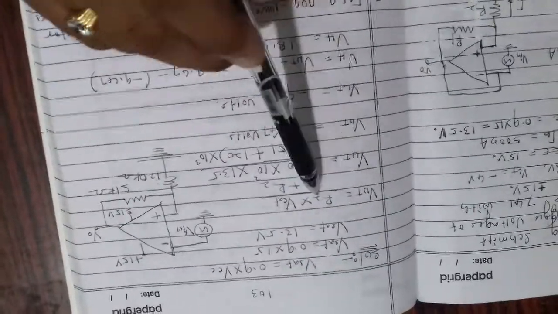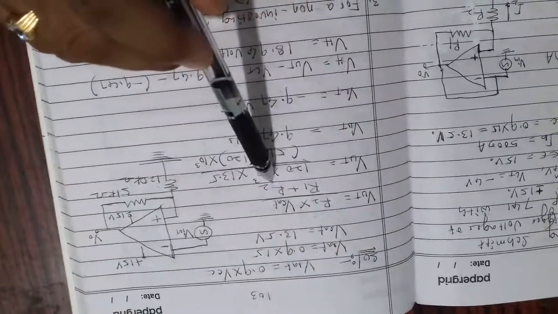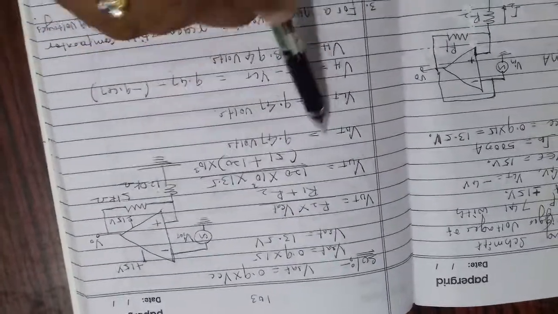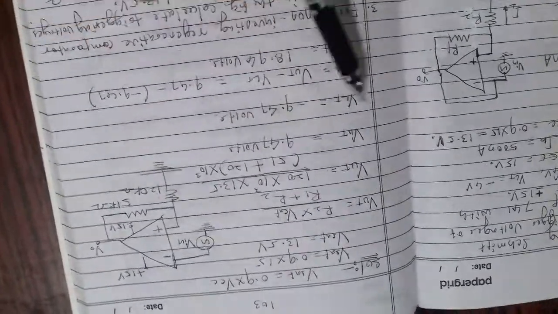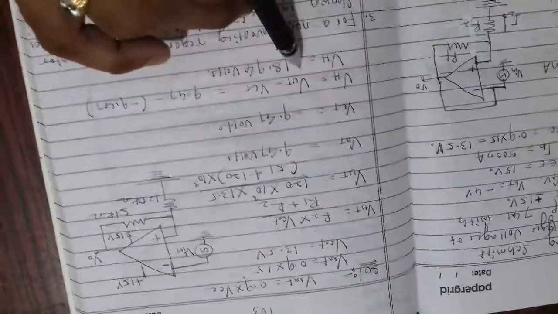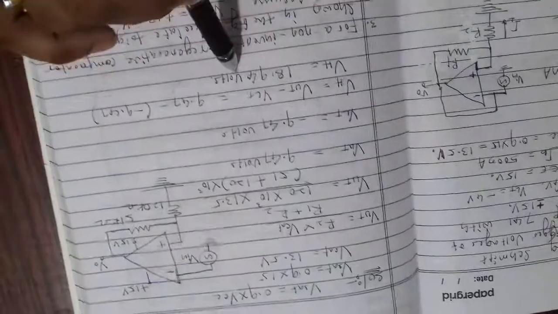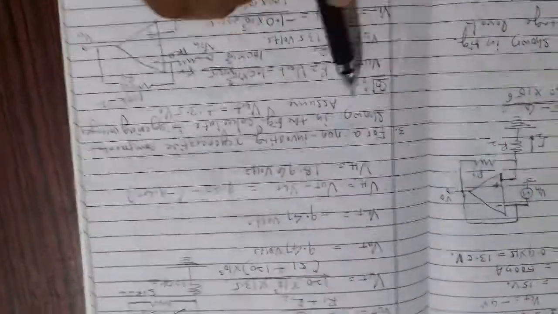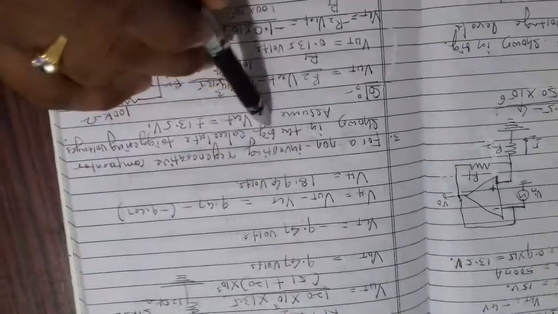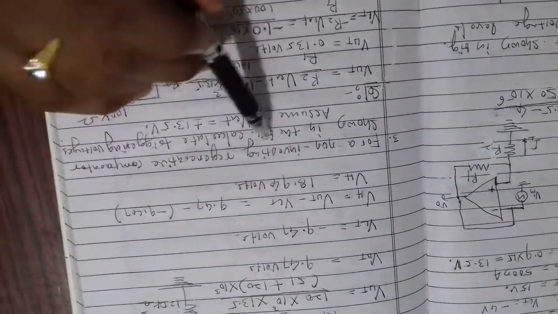Upper threshold voltage is R2 into V saturation upon R1 plus R2, which gives 9.47 volts. Lower threshold voltage is minus 9.47 volts. Hysteresis voltage is equal to 18.94 volts.